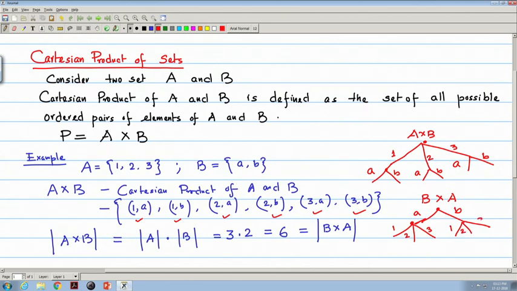Since now the ordering is changed, B cross A is a1, a2, a3, then b1, b2, b3.